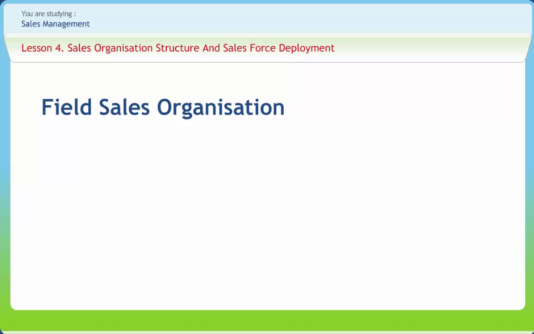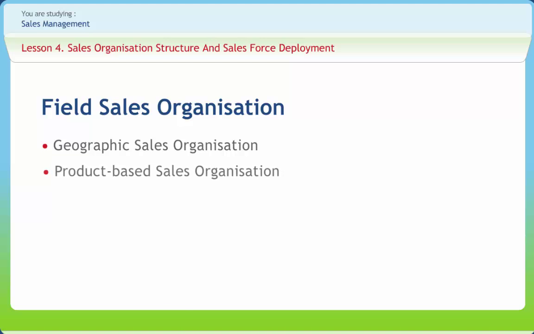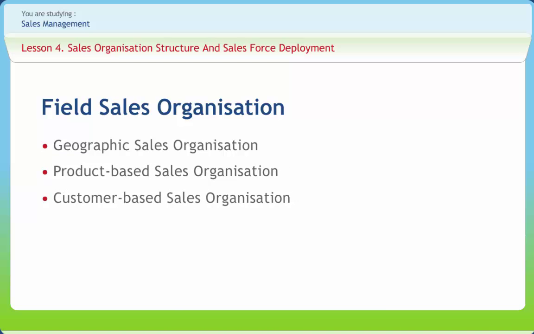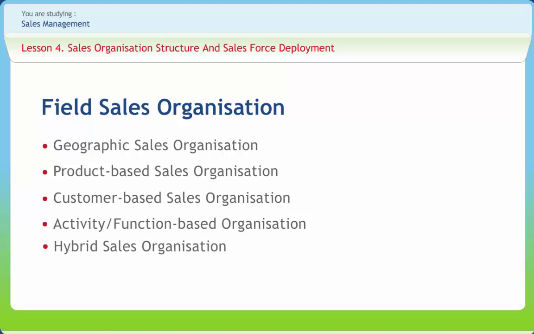Some important field sales include geographic sales specialization organization, product-based sales specialization organization, customer-based specialization organization, activity or function-based specialization, hybrid sales organization, and team-based organization.